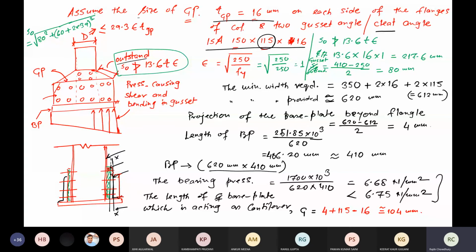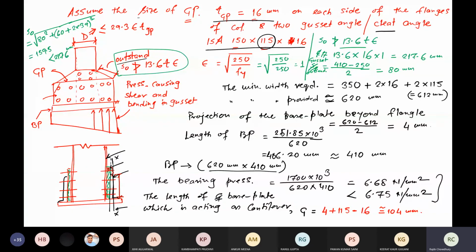Now it is becoming around 159, let me check, so it's 159.5. So this is less than 13.6 T epsilon, which is 217.6.